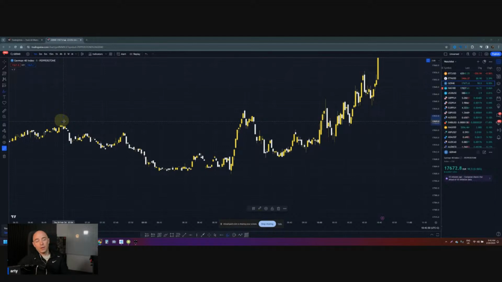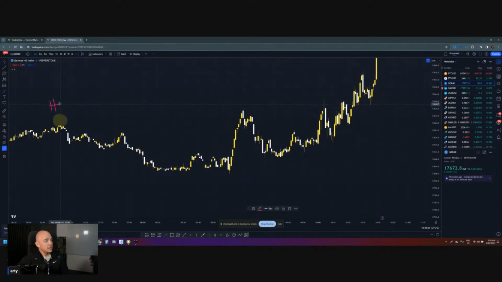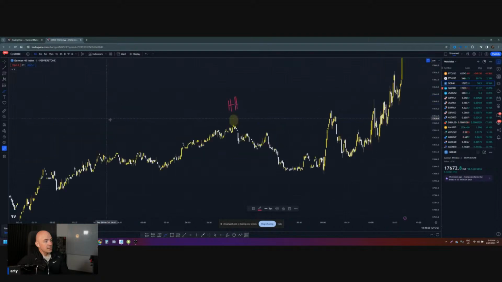Okay. With PD arrays, this is the higher high, right? That's the higher high of the uptrend. We created a new higher high right here.